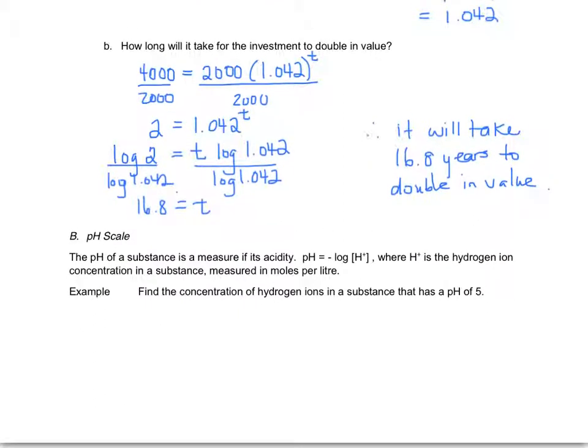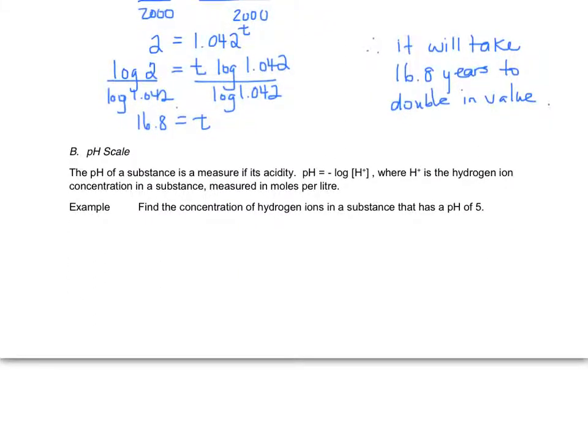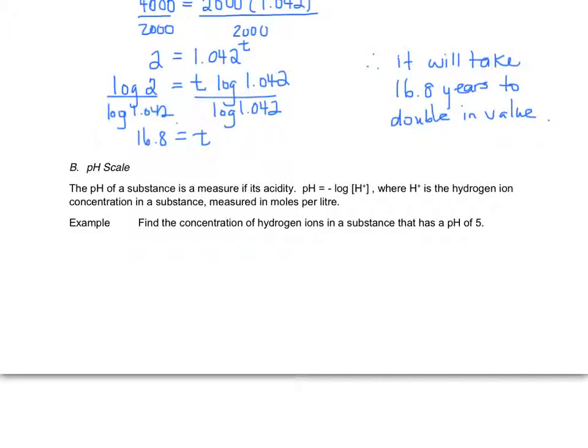Okay, the next type of example we're going to look at is dealing with the pH scale. So you may be familiar with the pH scale from science class. When we talk about pH, we're talking about the measure of acidity of a substance, so how acidic or alkaline a substance is. And the formula for calculating pH is given here in your note.